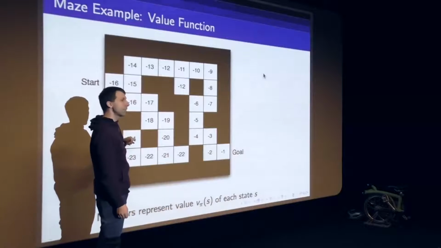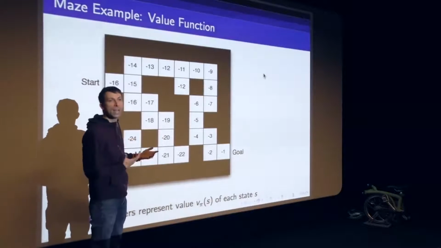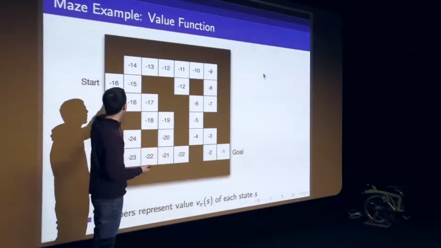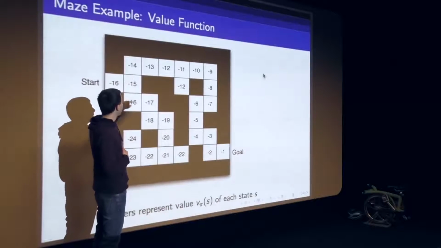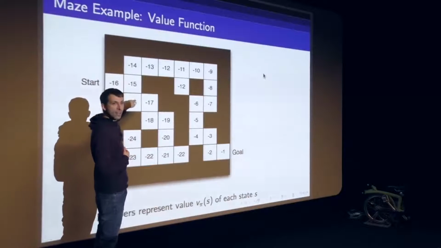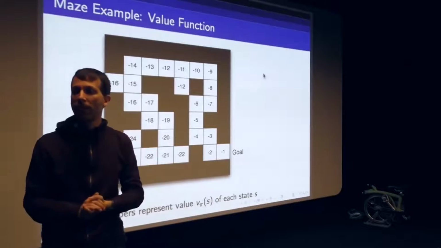We can have worse values. If we're stuck over here and we've gone the wrong way, we might have a value of -24. Now we have these values, it's very easy to build an optimal policy because, for example, when we get here, we can just look up the value of going north compared to the value of going south, and it's very clear that the value of going north is greater than the value of going south. So this is useful, it gives us a basis for optimal behavior.